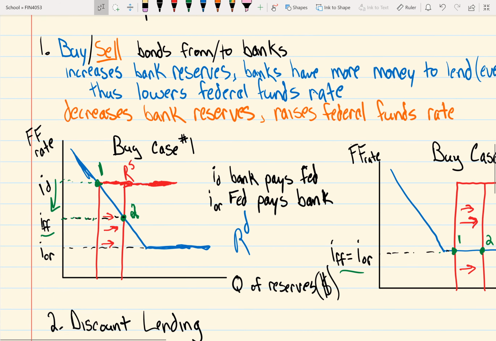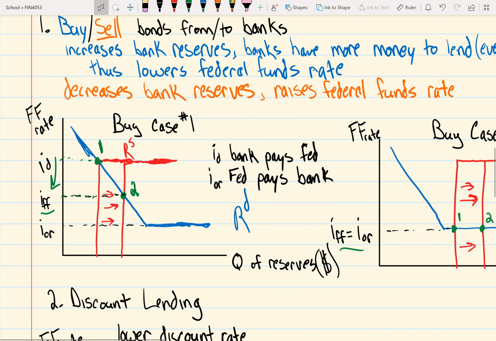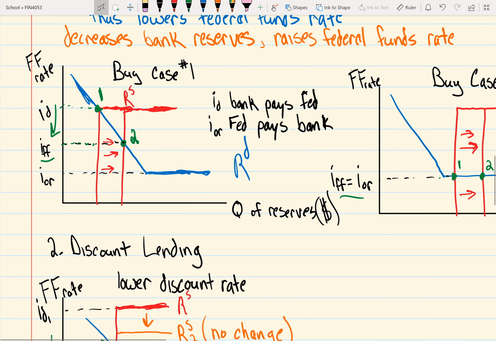The point here is that in each of these examples, I'll show you that they are lowering the federal funds rate, hopefully to get the economy moving more. Of course, the opposite can be true here. In buy case one, the Fed is buying bonds from the banks. Because of that, they are giving money, or reserves, to the banks, so they are increasing the supply of reserves. As you can see with these arrows, it shifts the supply curve to the right.